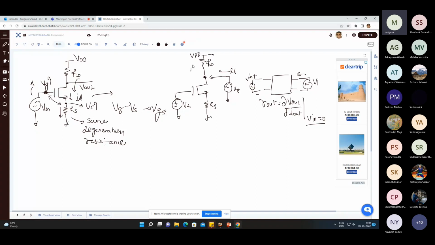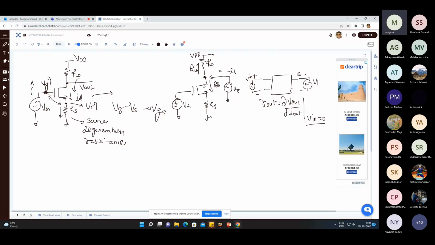So R up, looking upward between the output node and the AC ground provided by VDD, is RD. Then I need to find R down, which is also between this output node and another AC ground, the actual ground. Then my impedance becomes R up parallel R down, simple.